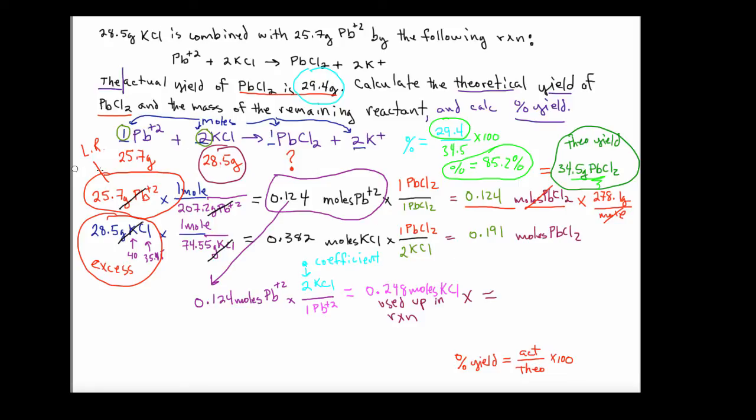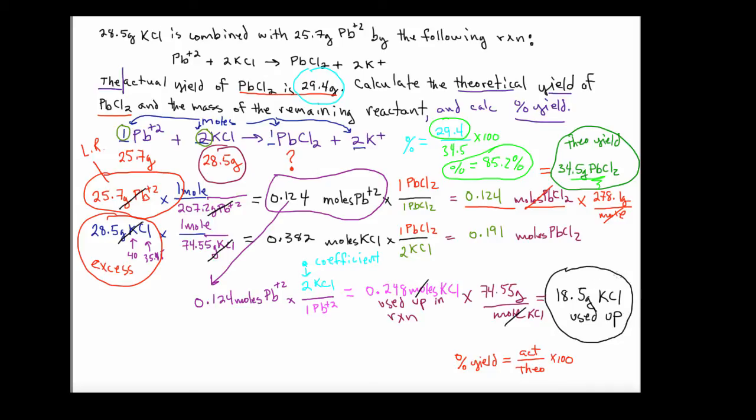I'm going to multiply by the molar mass of the KCl, which is 74.55 grams per mole. And you can see that the moles of KCl is canceling moles of KCl, and what I get for my mass used in the reaction is 18.5 grams of KCl used up.